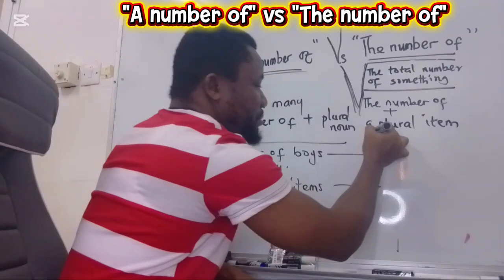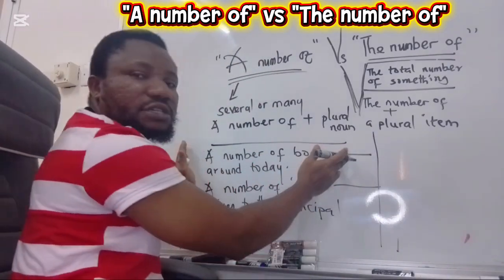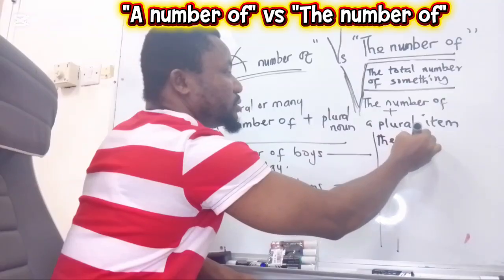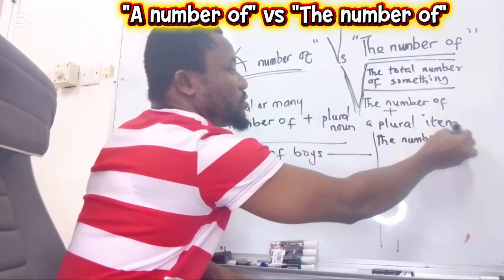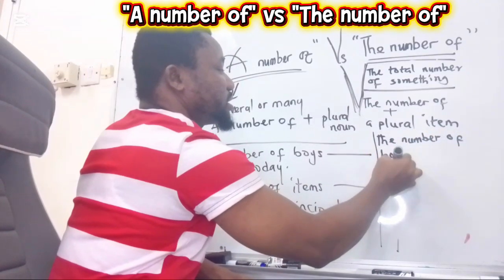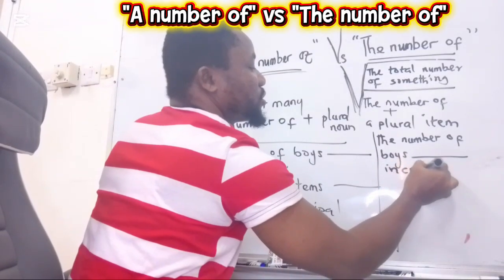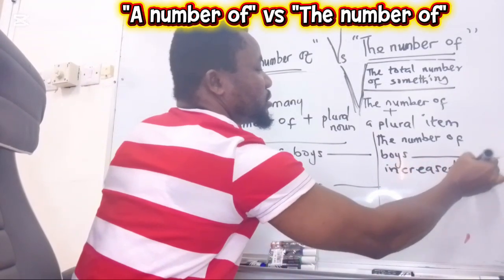Okay, so let's have an example. We use something similar to this using the same structure. The number of boys dash increase today.